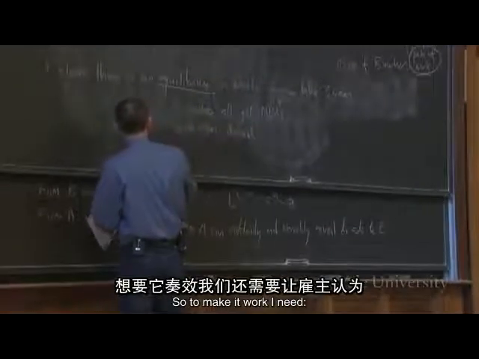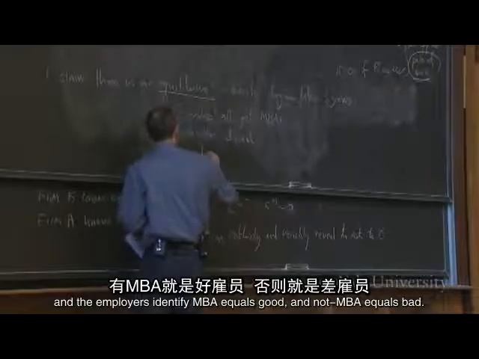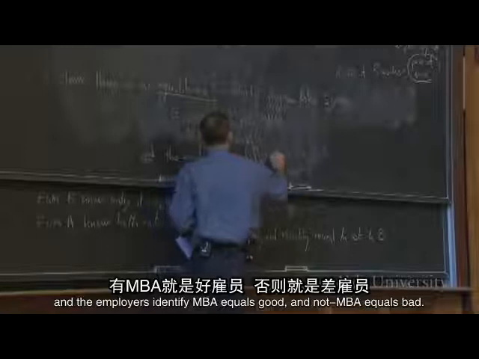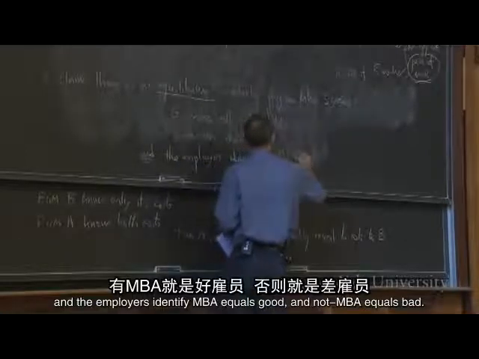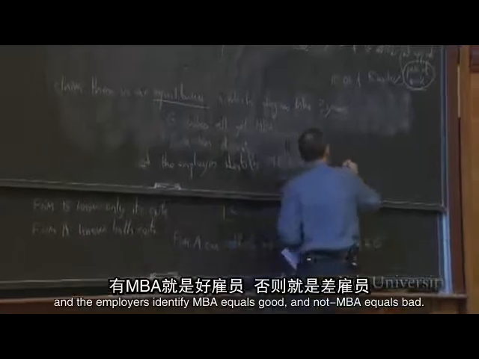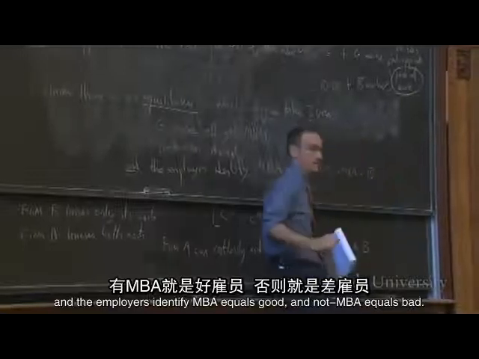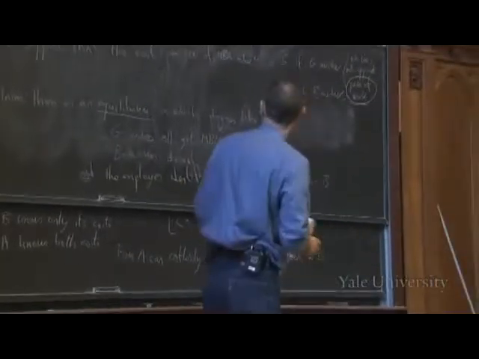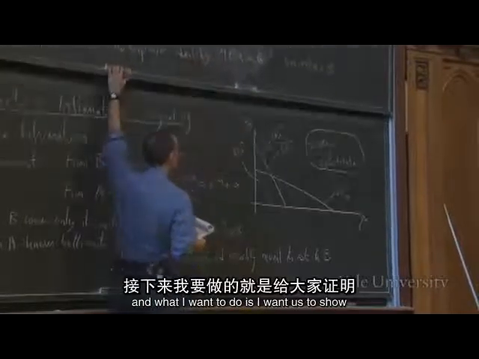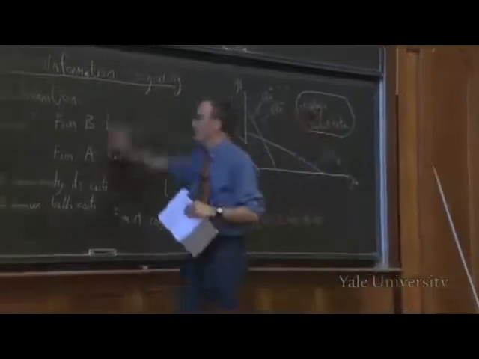So I need the employers to identify MBA equals good and not MBA equals bad. So that's what I claim is an equilibrium here. And what I want to do is show that this actually is an equilibrium.